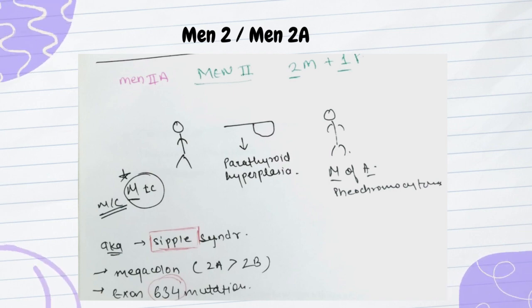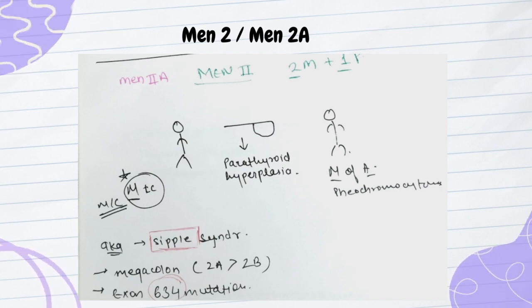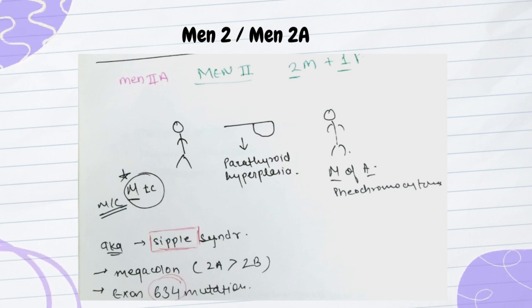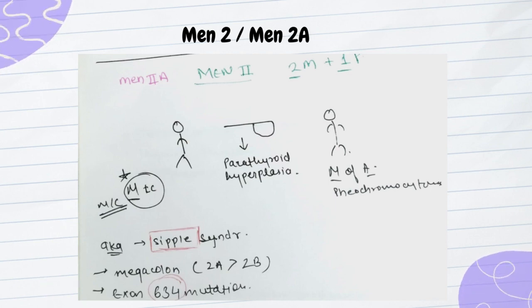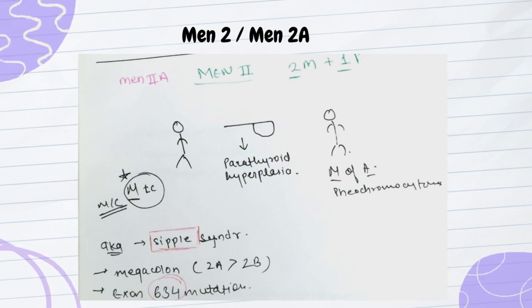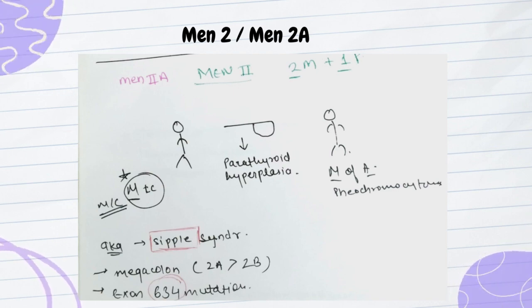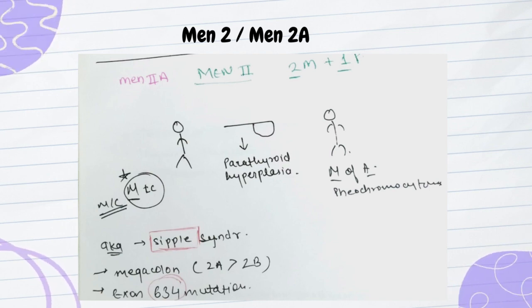In MEN 2A there are two M's, the name itself indicates two, and there is a P in between. So don't get confused with the P's of MEN 1 and the P of MEN 2. Remember at least in MEN 1 which P's are there, and in MEN 2 which P's are there. It will be easy to remember MEN 2 because it has only one P.